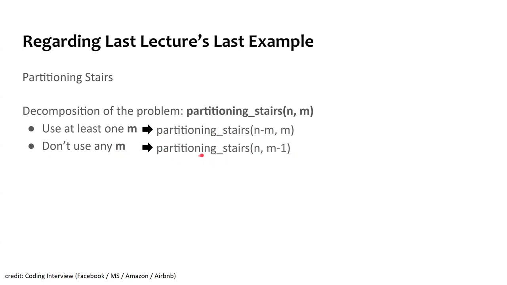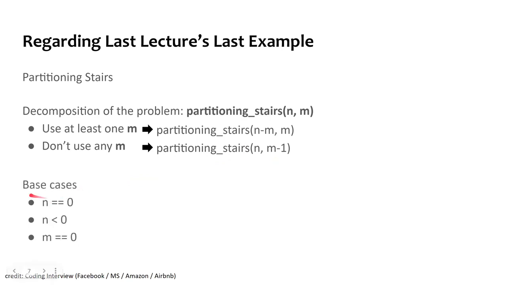So you're partitioning stairs, the same number of stairs N. However, you need to reduce the maximum step size to M minus 1 because you are not using any M steps, okay?